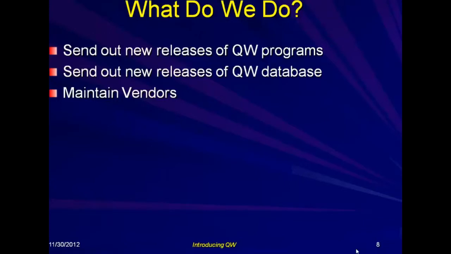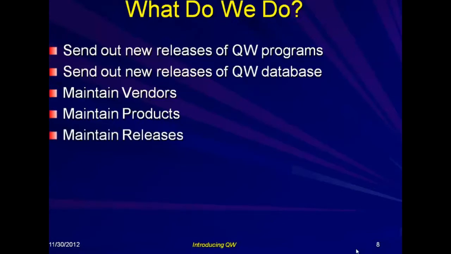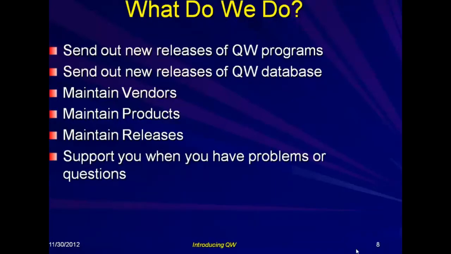We had to go out and contact each vendor and request messages from them. And as these vendors added additional products, we maintained the product list by getting more and more products. And whenever the products had different releases, we obtained the releases. The other thing we do is we support you when you have a question or a problem.